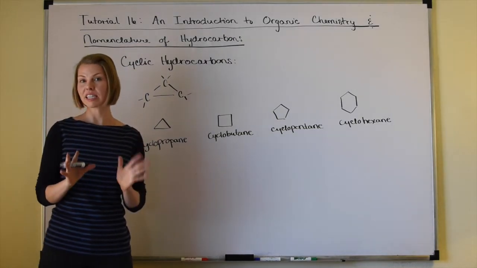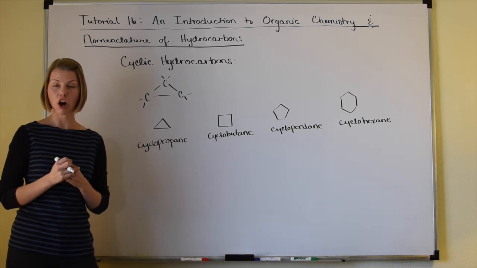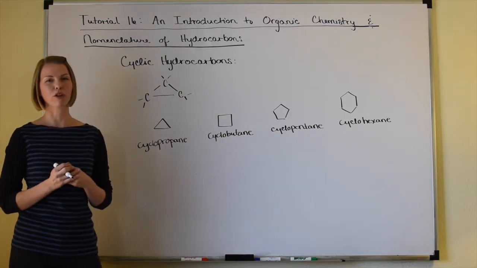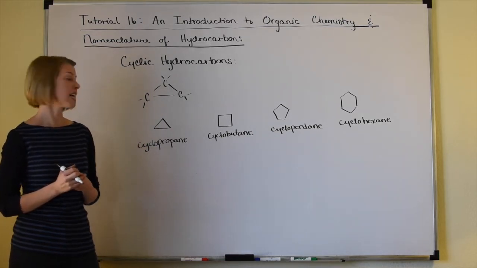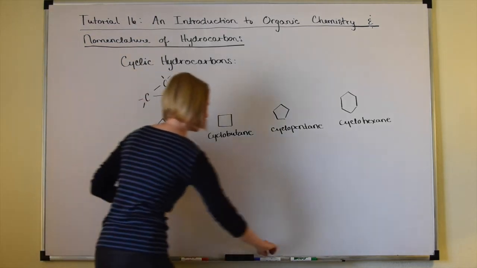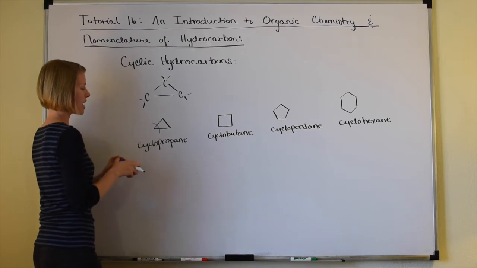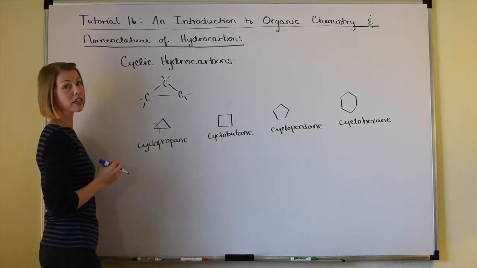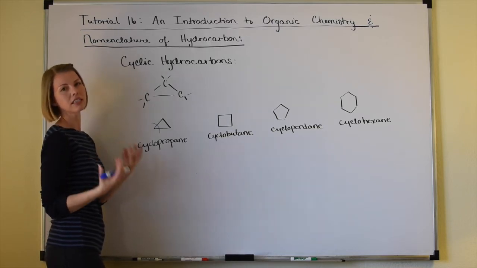The one last thing I want to say about cyclic compounds, because we are going to start to see a lot of cyclic compounds when we get to the biological chemistry portion of these tutorials, is that the bond angle required in some of these smaller cyclic structures is going to be highly strained, making these molecules unstable.